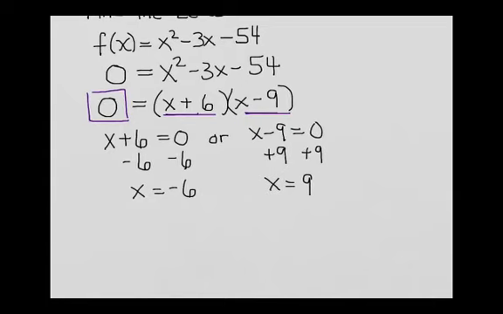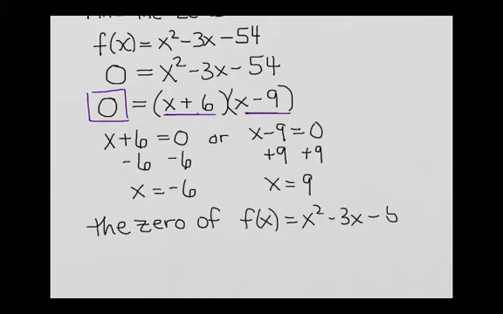So then we can conclude that the zeros of f of x is equal to x squared minus 3x minus 54 are x equals negative 6 and x equals 9. Meaning if we input negative 6 or input 9, the output that we'll get for that function is 0.